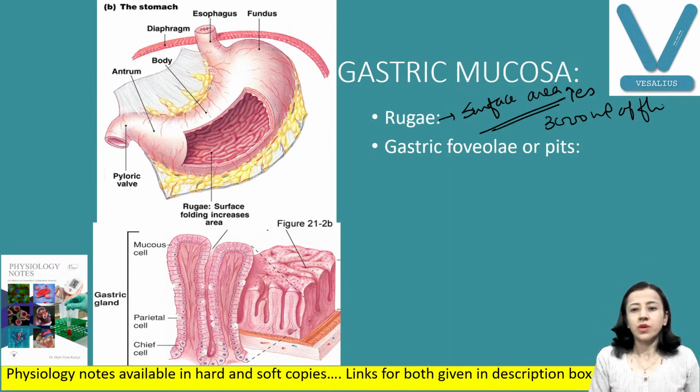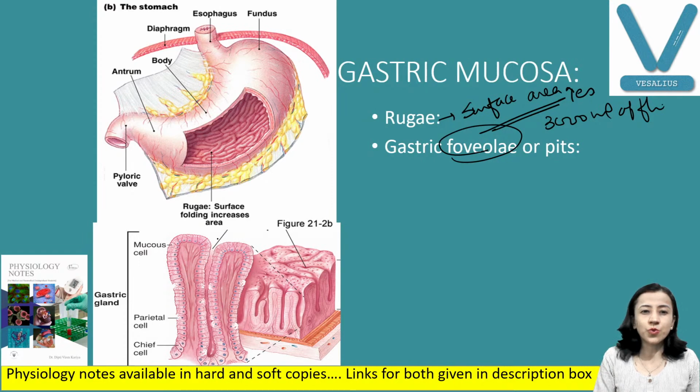Okay, now another thing is gastric pits or foveoli. Now what are these gastric pits or foveoli? These are the delicate texture of the mucosa. You can see here, this mucosa has pits.